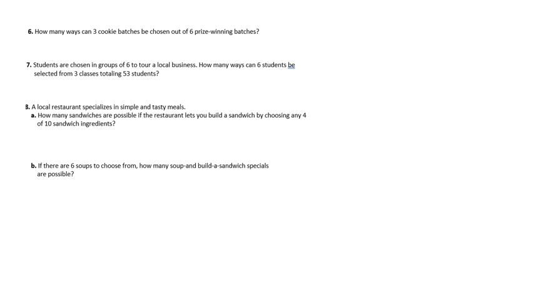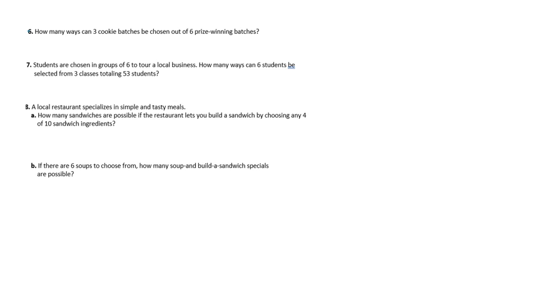Oh, we already did number 6. Number 7. We'll cross this guy out. Oh, we don't need to. Students are chosen in groups of 6 to tour a local business. How many ways can 6 students be selected from 3 classes totaling 53 students? So in those 3 classes, altogether there are 53 students. That's what I assumed in this, not 3 classes of 53. So we're choosing 6 students out of 53.